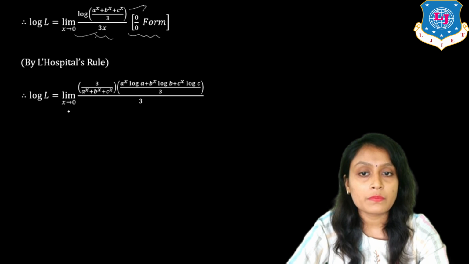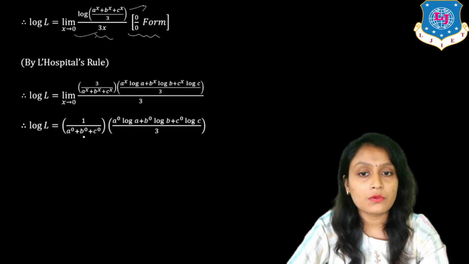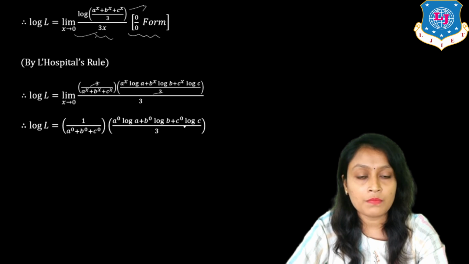Now substitute x equal to 0. So you will get log L equal to, here this 3 will get cancelled, and you will get 1 upon (a raised to 0 plus b raised to 0 plus c raised to 0) into (a raised to 0 log a plus b raised to 0 log b plus c raised to 0 log c) upon 3.